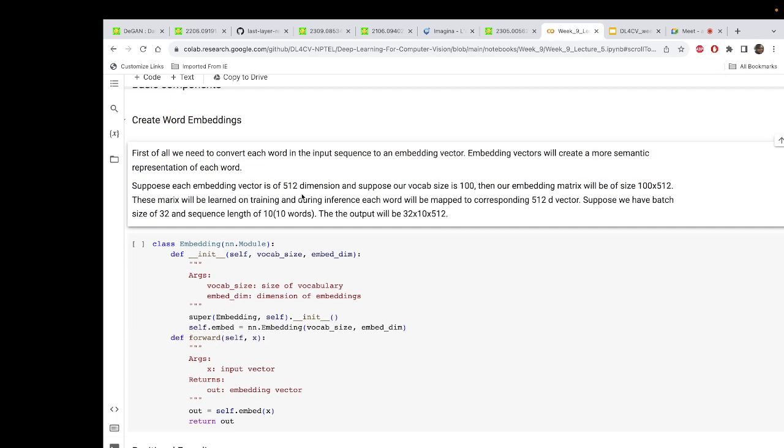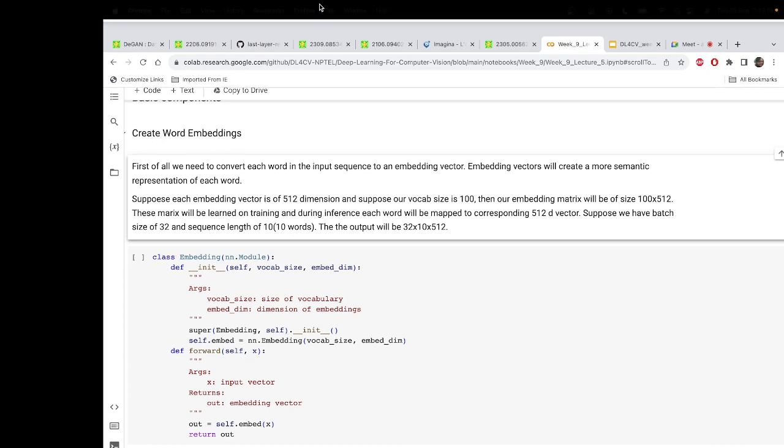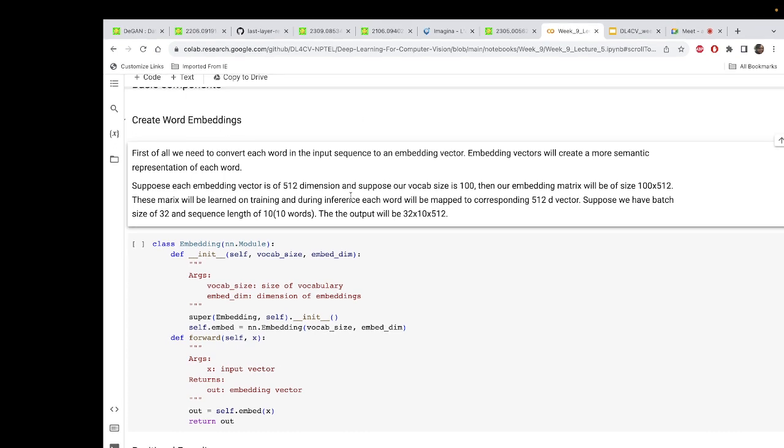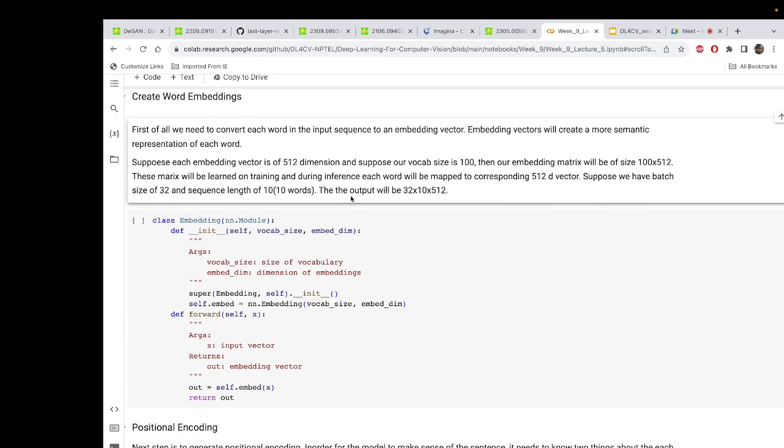So, what we need to do here, like we saw in the slides as well, is that the beginning is always a word embedding. We begin with word embeddings and then we move on to things like hidden states if required, or we can directly deal with the word embeddings themselves. So, what are word embeddings?